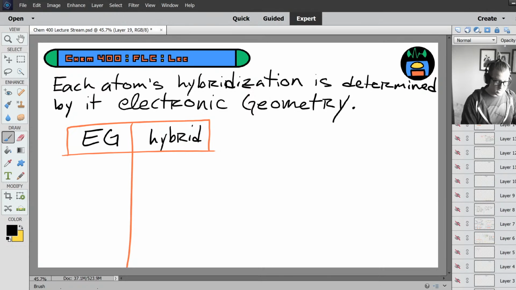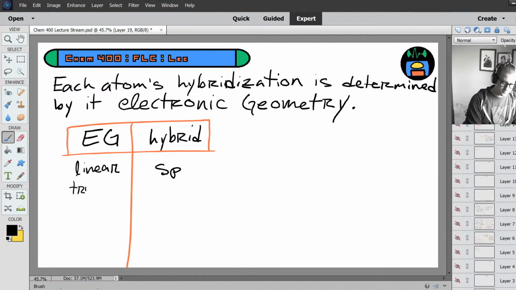If your electronic geometry is linear, and again, it's not molecular geometry, it's electronic, linear has 2 electron groups, so you're going to use 2 orbitals. It'll be sp. If you're trigonal planar, you need to use 3 orbitals, so it's sp2.